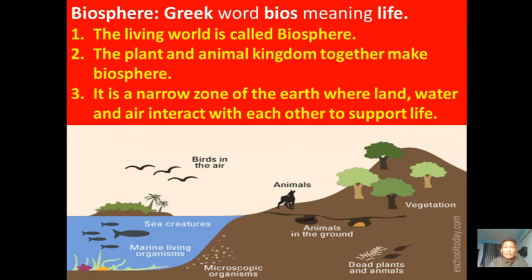Together they make the biosphere. It is a narrow zone of the earth where, as we already discussed, lithosphere, land, water and air interact with one another, and it supports the life systems on this planet. Suppose you look here, we have animals, birds, different kinds of fishes, different vegetations.